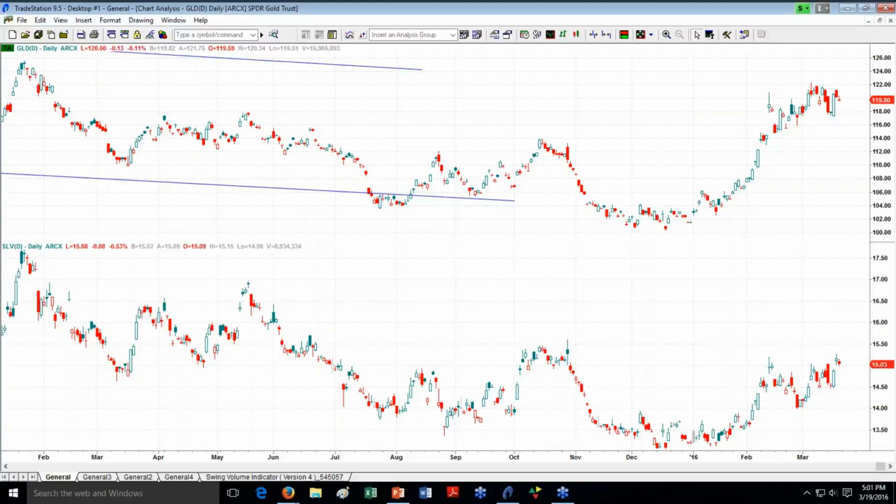So you always want to go with the trend or with the bias. If you do this consistently, as your homework before the session starts, then everything is easy. You're just looking for the reversals in the direction of that bias, near the supports or resistance, and off you go.